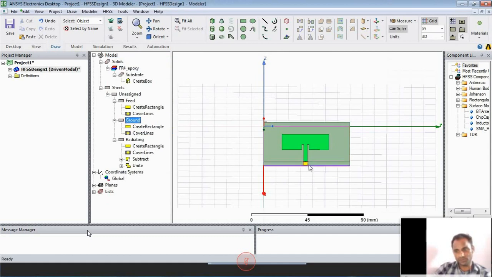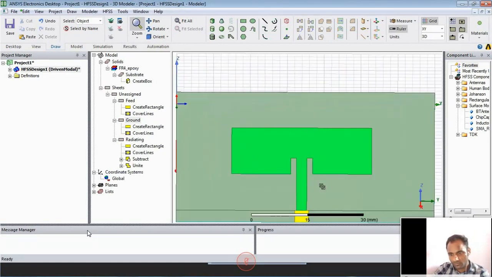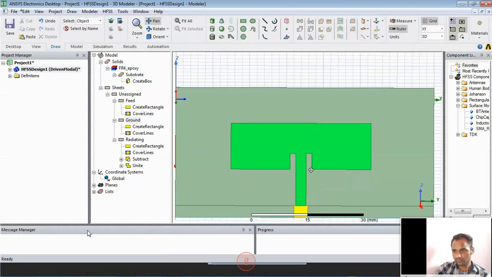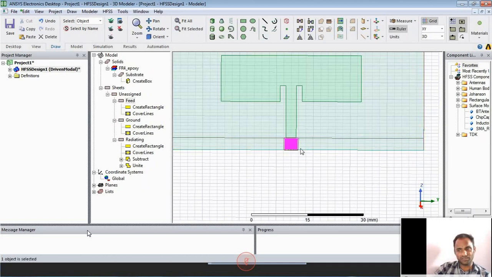So just put OK. So here I am placing my exact feed line here.